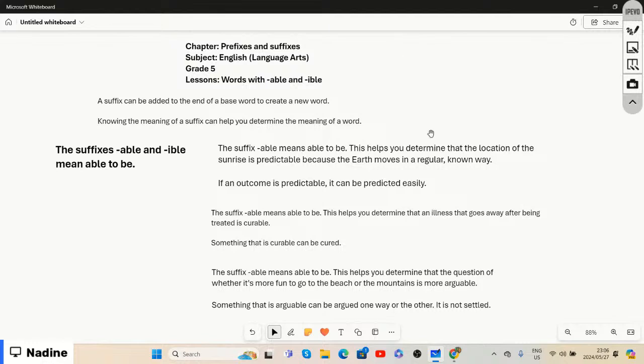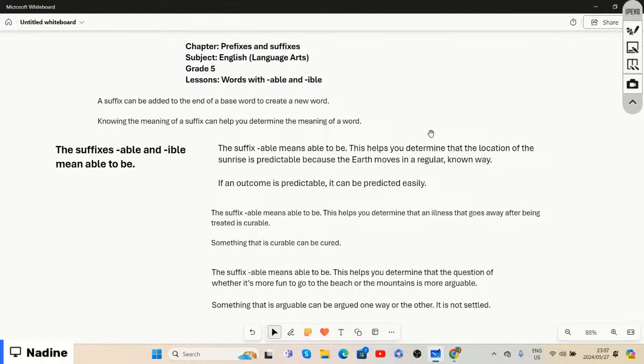All right, so when it comes to prefixes and suffixes, let's go to the suffix specifically because we are doing suffixes. Able is a suffix and it gets added to the end of a base word, right?